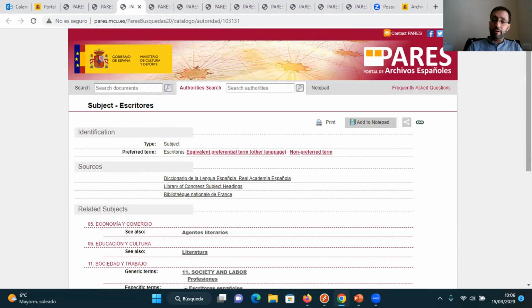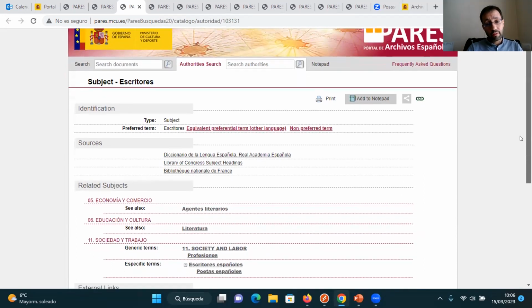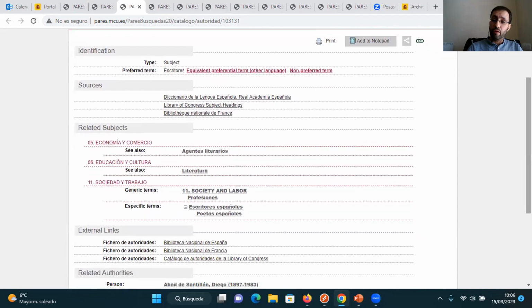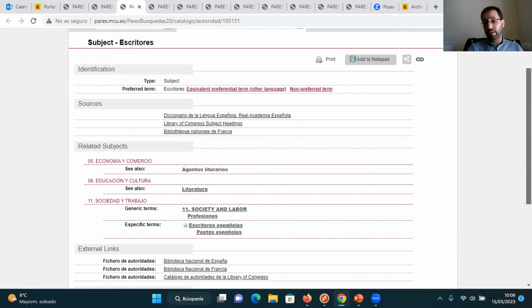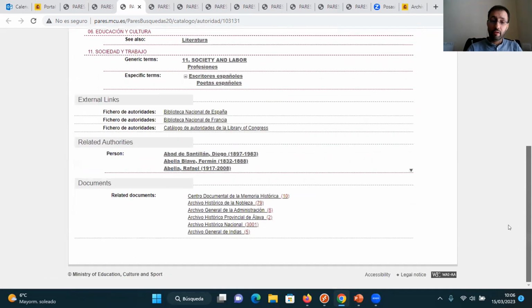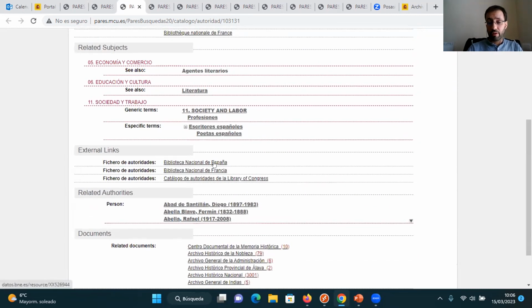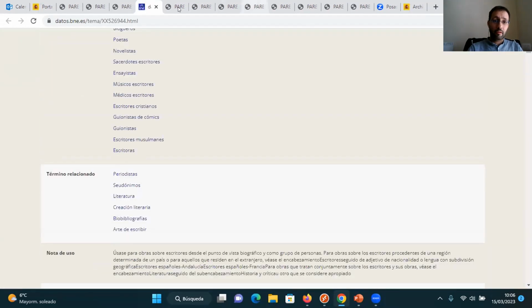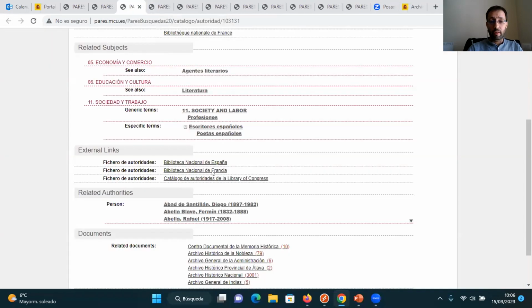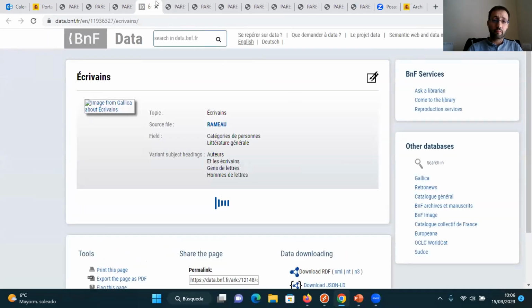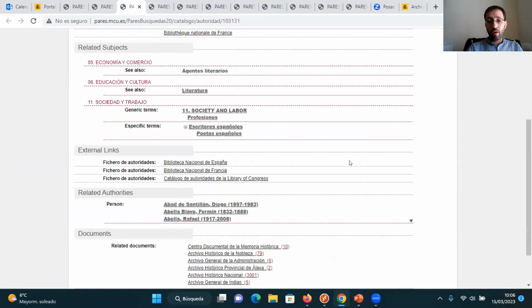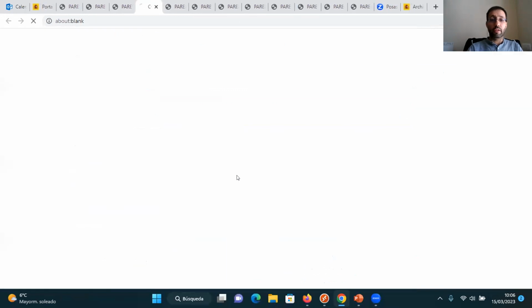This is a description of a concept that we relate with other entities, with its generic terms, its specific terms, etc. And we also relate this description with other databases, for example, with the National Library of Spain, the National Library of France, or the Library of Congress of the United States.